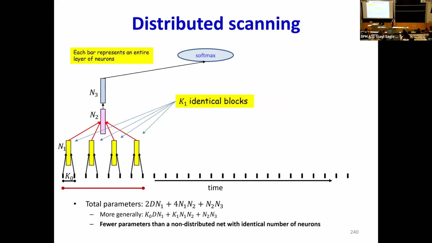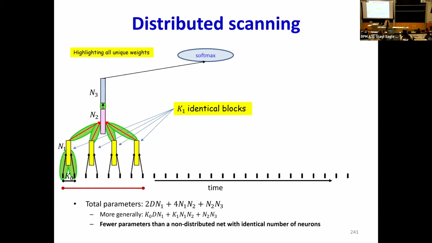In the first layer, you get a great reduction in the number of parameters. Earlier, you had 8d times n1 parameters, right? Now you're just looking at a width of 2. It's 2d times n1, right? The number of parameters is reduced because I'm reusing parameters. So that was convenient.